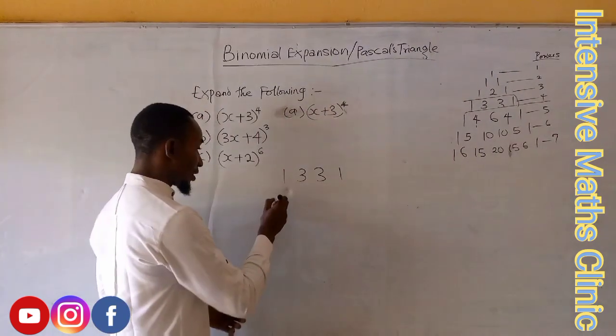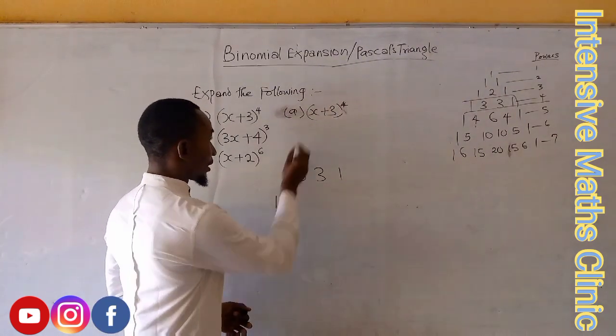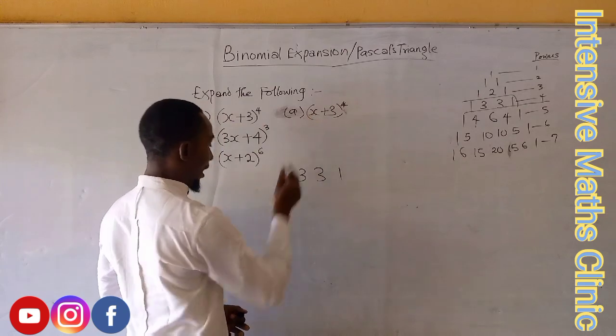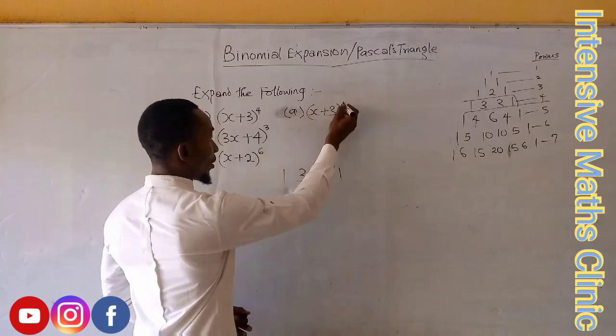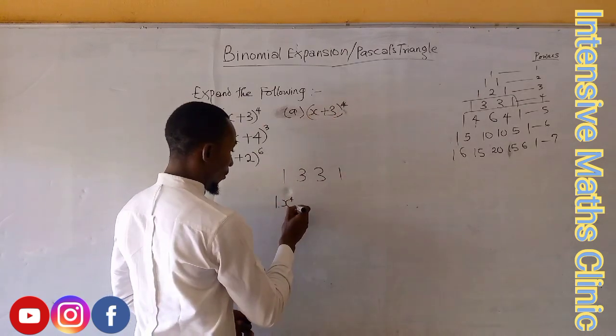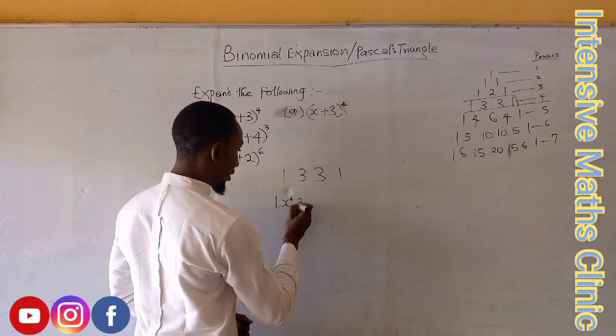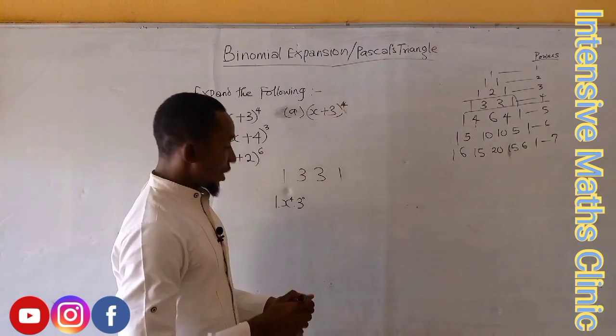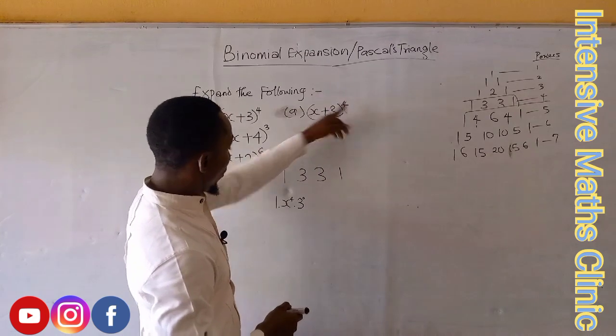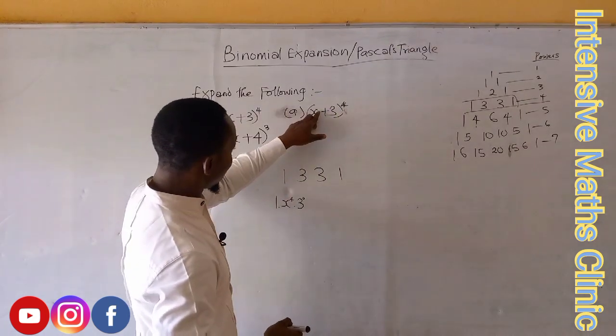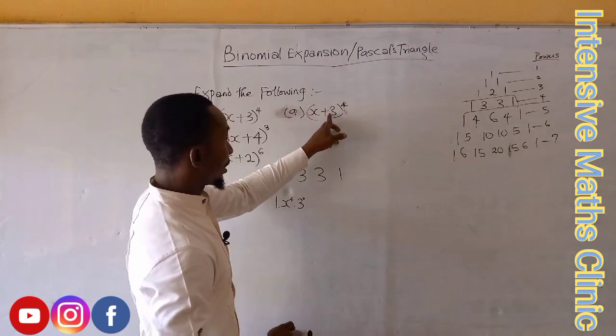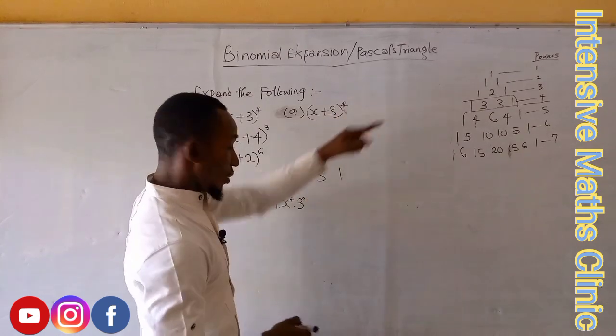The first thing here is 1 multiplied by x raised to the power of 4 multiplied by 3 raised to the power of 0. What we are doing here is that the power of x decreases from 4 to 0, while the power of 3 increases from 0 to 4.